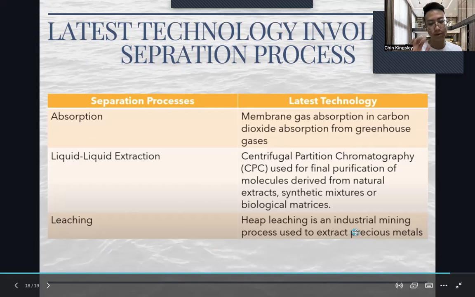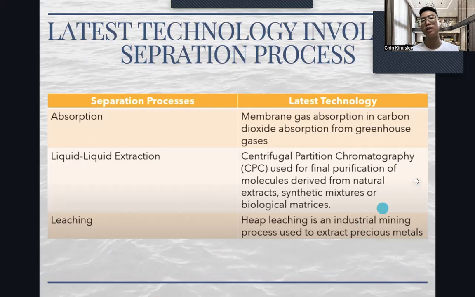Next, the latest technology involved in separation processes. After we have looked at the similarities and differences between these three processes, we are going to discuss the latest technology as well. For absorption, the latest technology is membrane gas absorption for carbon dioxide absorption from greenhouse gases.